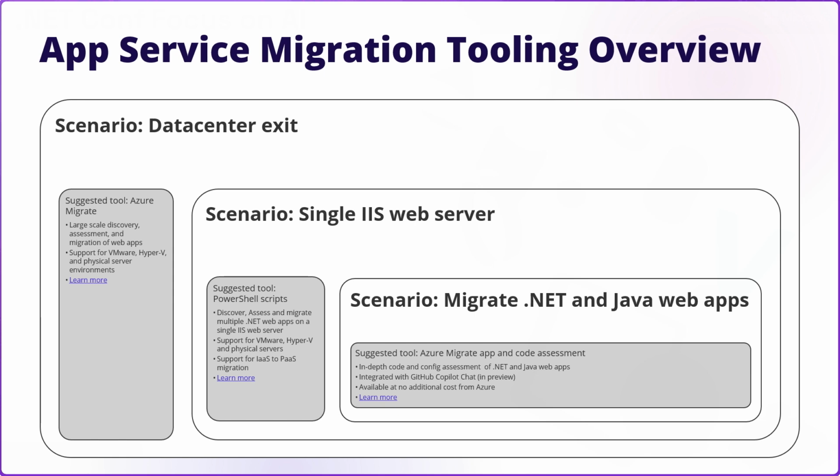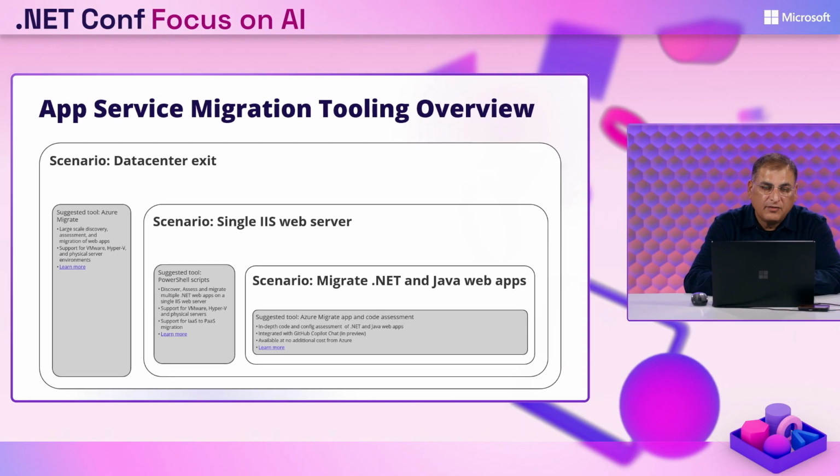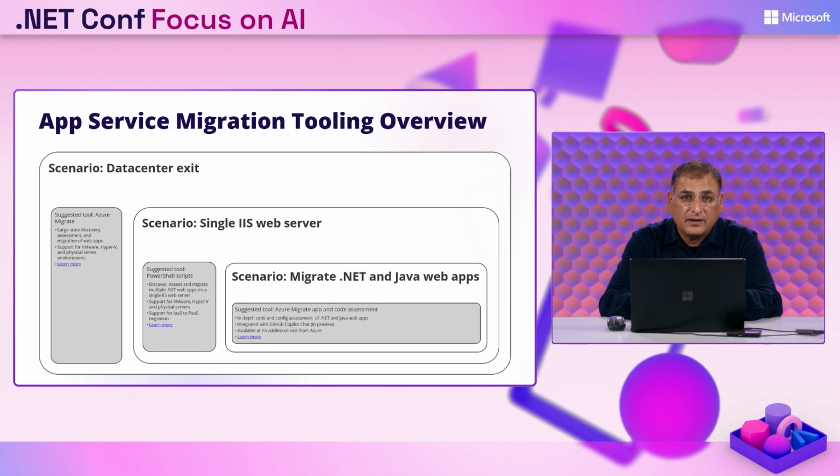Now the idea is to migrate your web application, and the App Service team provides you a bunch of free application tooling, which could be the whole Azure Migrate integrated experience or simple PowerShell scripts. Depending on the use case that you have, which could be a data center exit or a single IIS web server migration, you could make a choice of your tools.